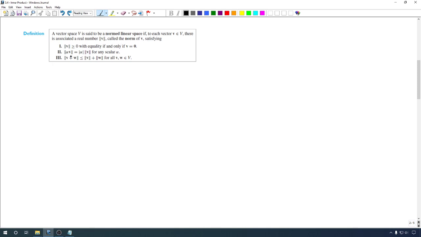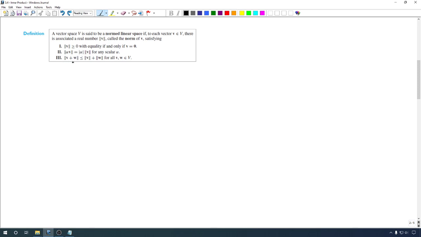Now, it does also have to satisfy 3 conditions. First of all, the norm of any vector is always a non-negative number, and it's only equal to 0 if that vector was the 0 vector. The norm of a scalar times that vector, if we multiply a vector by a number, multiplies the norm of that vector by not that number specifically, because the norm has to be non-negative, but by the absolute value of that scalar.